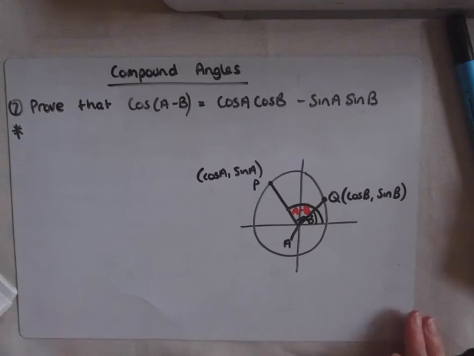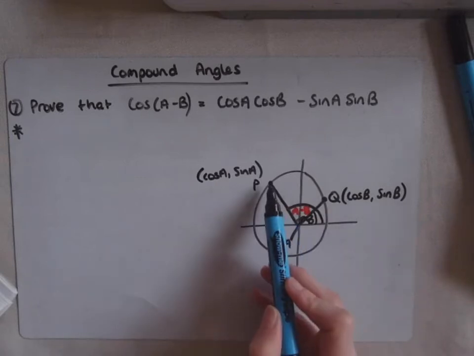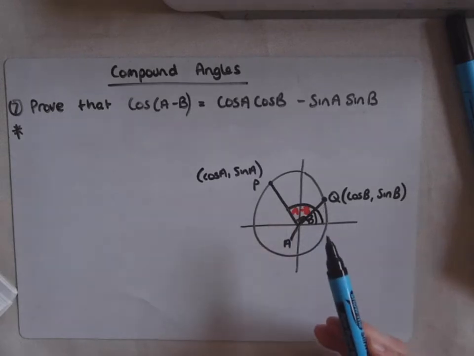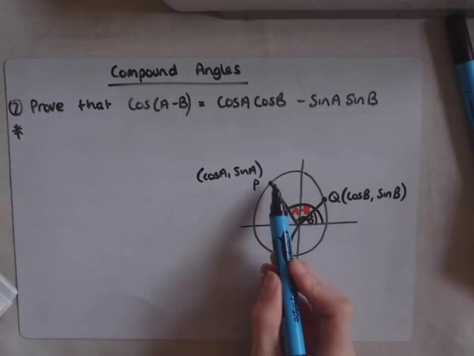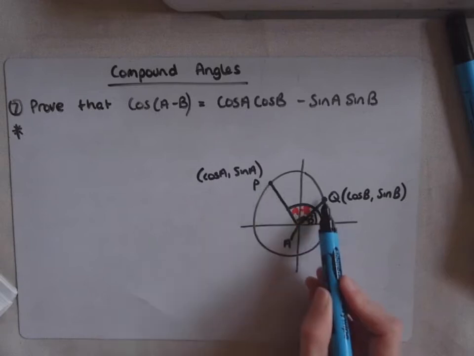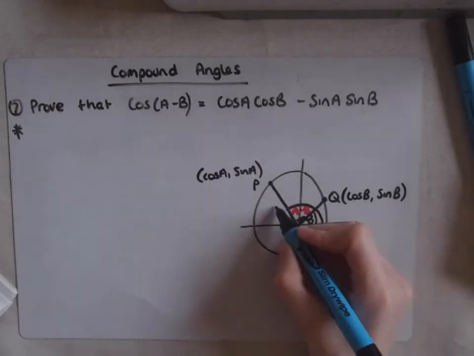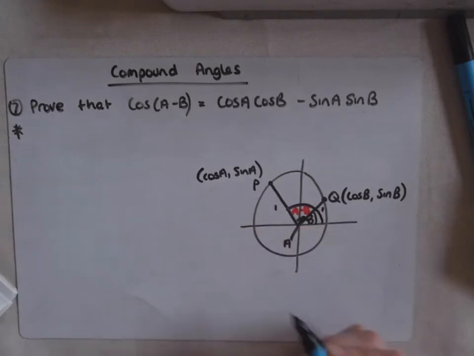Now, what we're going to do is find the distance from P to Q using two different methods. I could use my distance formula, but also if you think about this as being a triangle and I want to find this distance, it's a unit circle, so that's 1 and that's also 1.